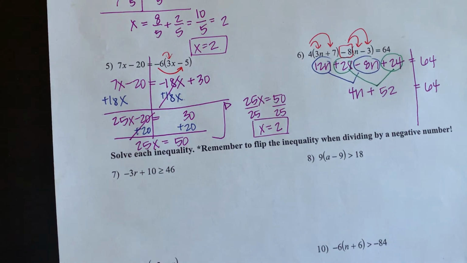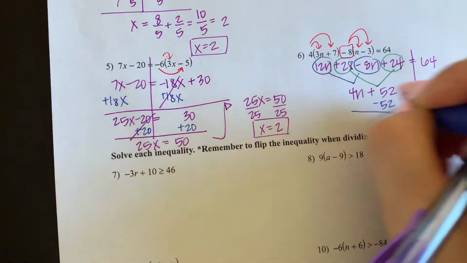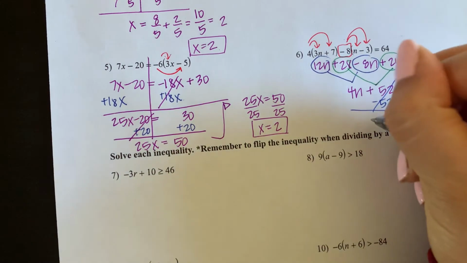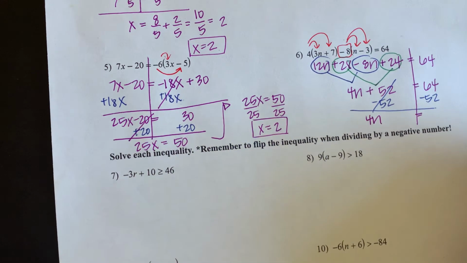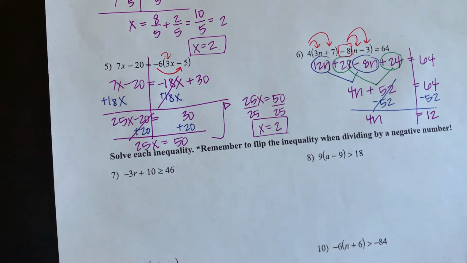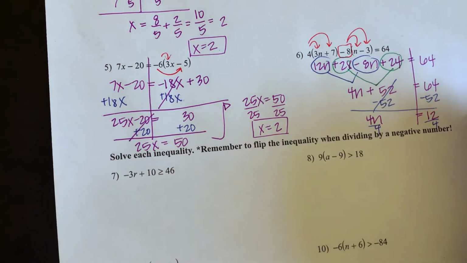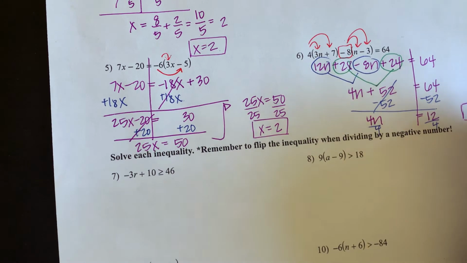Now I have a normal two-step equation. The inverse, subtract 52 to both sides. 4n, 64 minus 52 is 12. Divide by 4 to both sides. 12 divided by 4 is 3. So n equals 3.